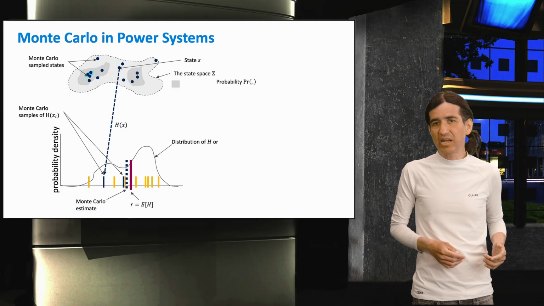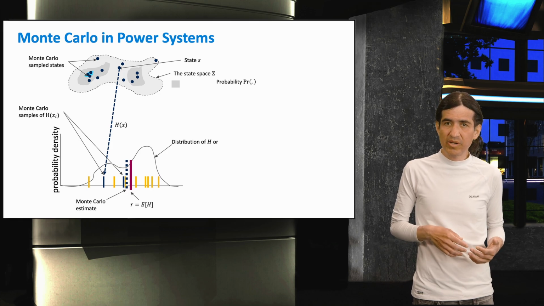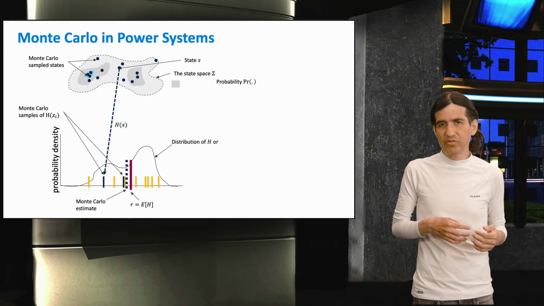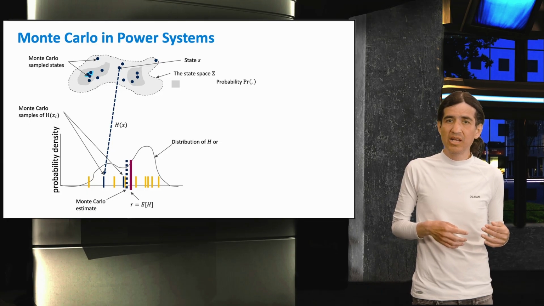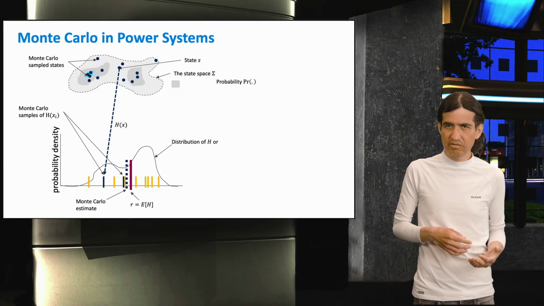Repeating this process many times generates a set of Monte Carlo samples of system performance, which collectively approximate the probability distribution of the outputs. From this sample, probability distribution functions and cumulative distribution functions of performance variables can be constructed, providing a complete probabilistic picture of system behavior.